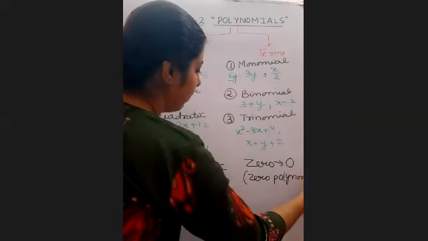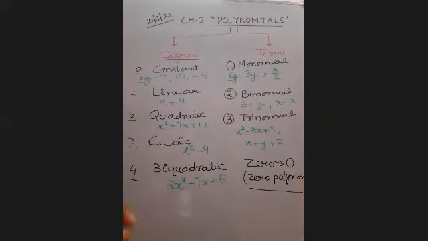If the value of the constant is 0, we call it a zero polynomial. Is that okay? Yes, ma'am.